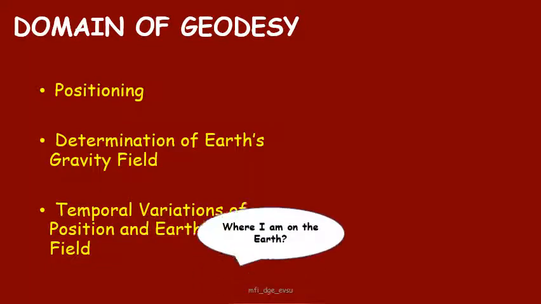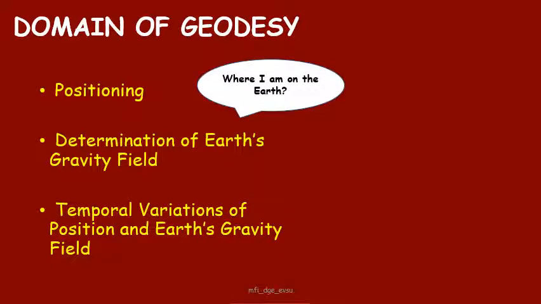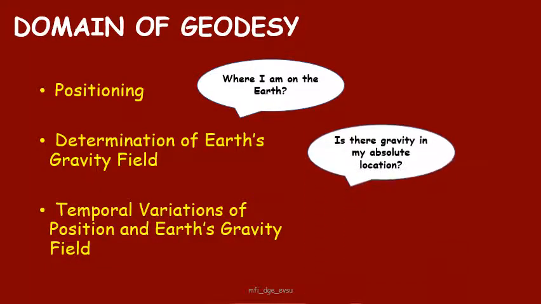So when you say positioning, that is the question, where am I on the earth? So exactly, it is the determination of the position. For number two, determination of the earth's gravity field. So is there any gravity in my absolute location? So the output of this one is a gravity map on the surface of the earth, or a gravity model on the surface of the earth.